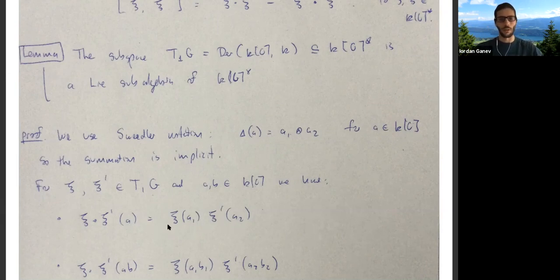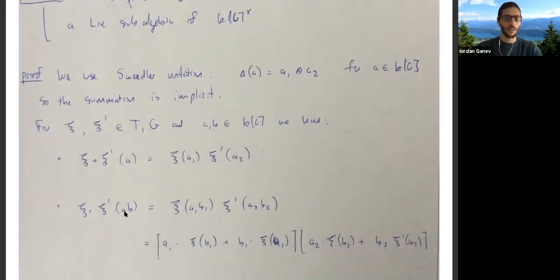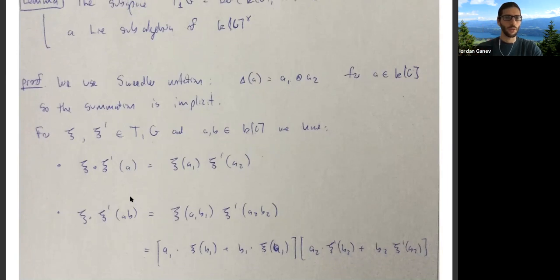Again, there's a suppressed sum here over all the simple tensors that appear in the coproduct. Okay, so we want to show that this is a derivation. So let's take, well, we'll eventually want to show that the commutator is a derivation.